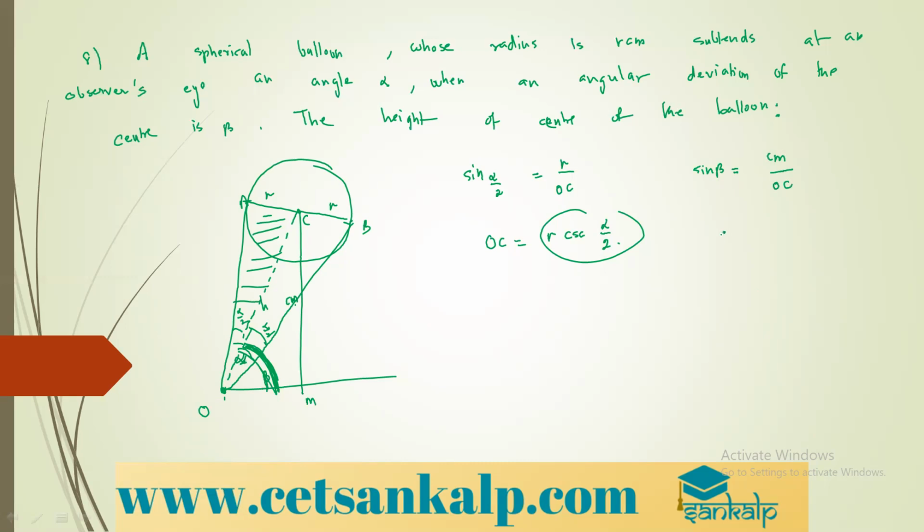Or CM will be equal to OC sine beta. CM is nothing but height of the balloon, and OC is R cosecant alpha by 2 sine beta. This is how we get height of the center of the balloon, H.